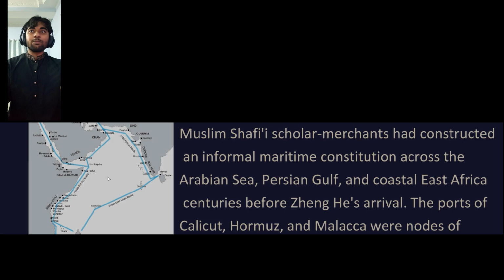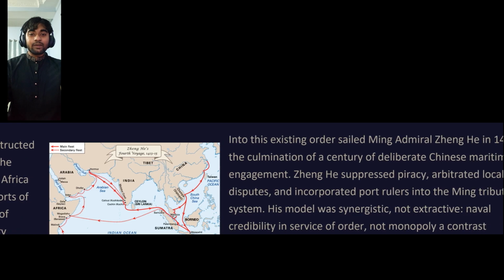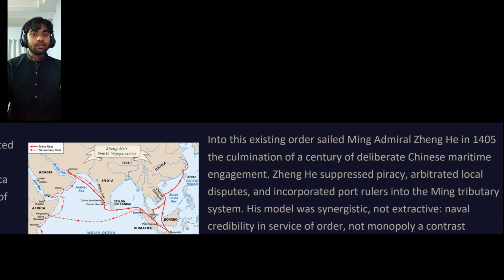So piracy was a big problem, and this is where Zheng He becomes historically significant. Before we look into that, who was Zheng He? He was a Ming admiral sent by the Yongle emperor in the beginning of 1404. He didn't suddenly invent Indian oceanic trade. Rather, he entered this area and strengthened it.